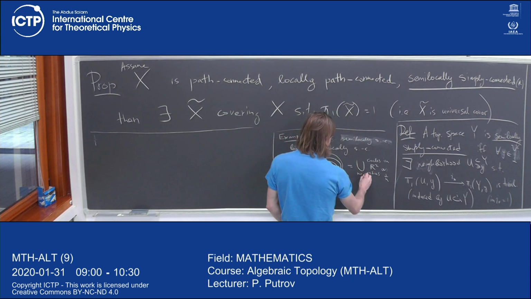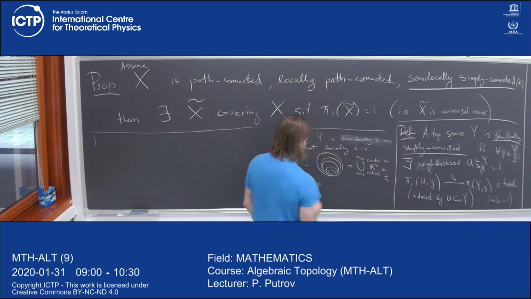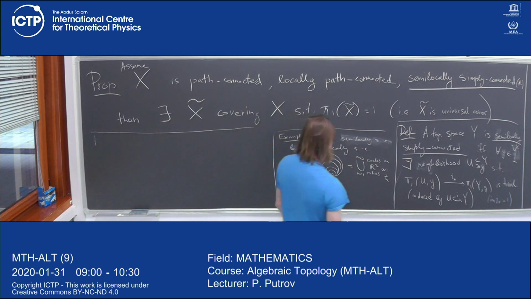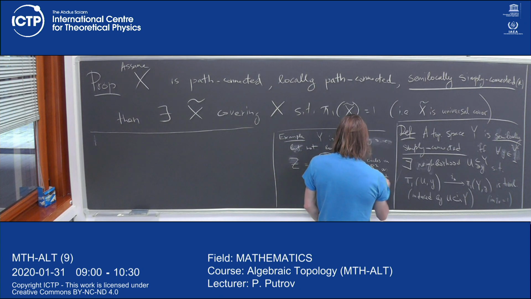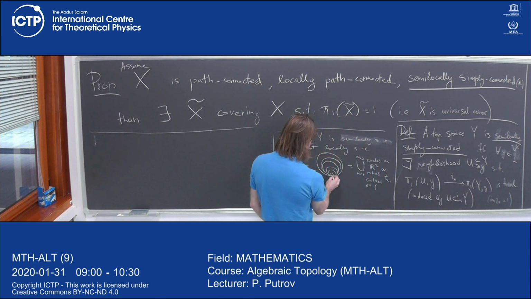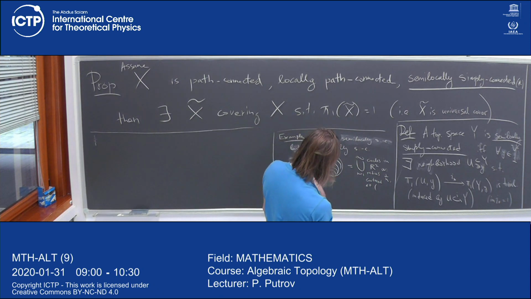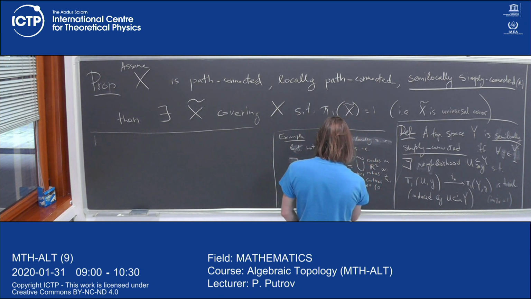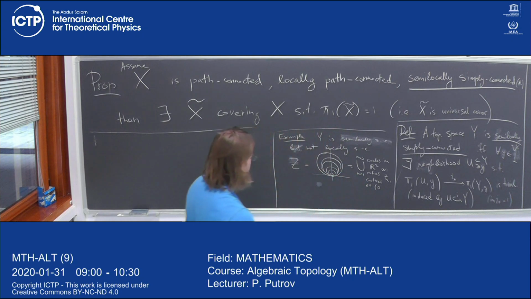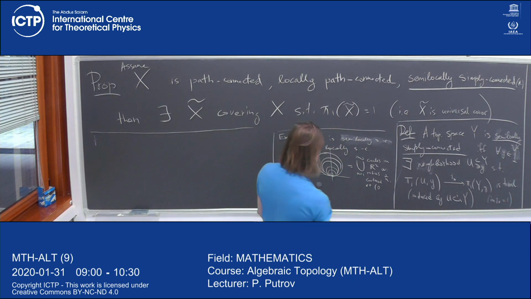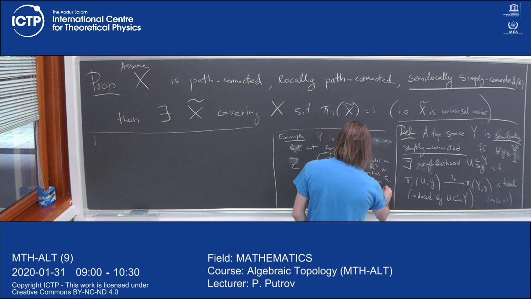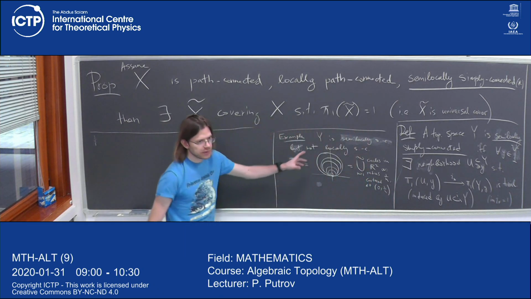So the union will be over all n from 1 to infinity. We want them to have just a single common point, all of them. So they are centered on the axis, centered at 0 and 1 over n. So we start with this space.